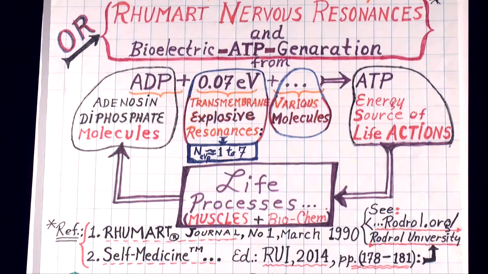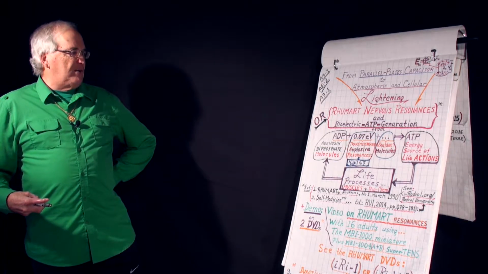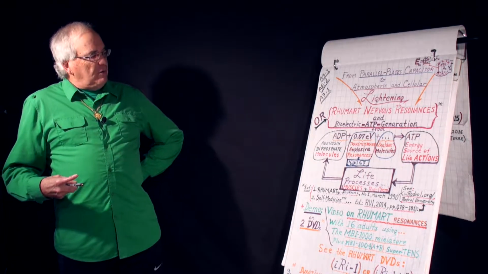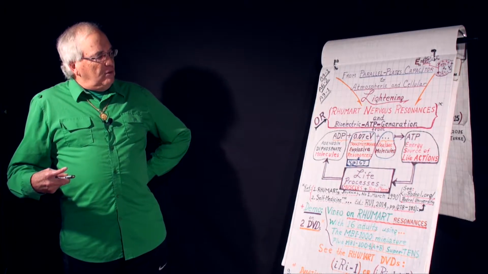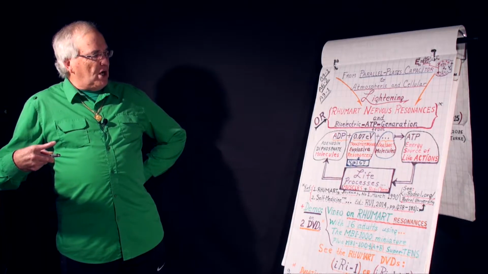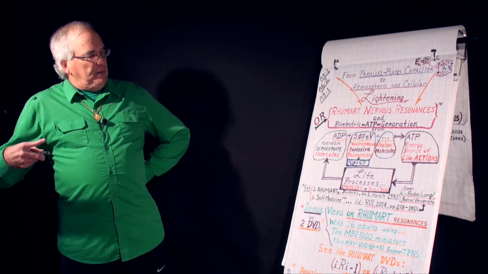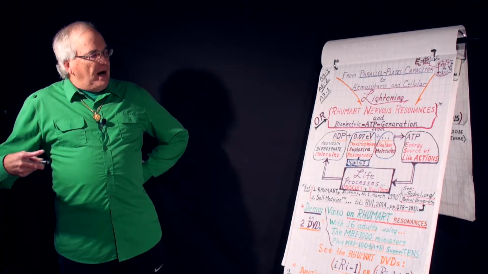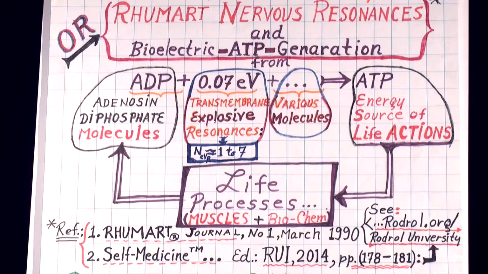What I discovered in a reference in actual medical microbiology written by 3 PhDs is that in the 4 or 5 different steps in the conversion of ADP to ATP, there is a multiple of 0.07 electron volt energy involved.